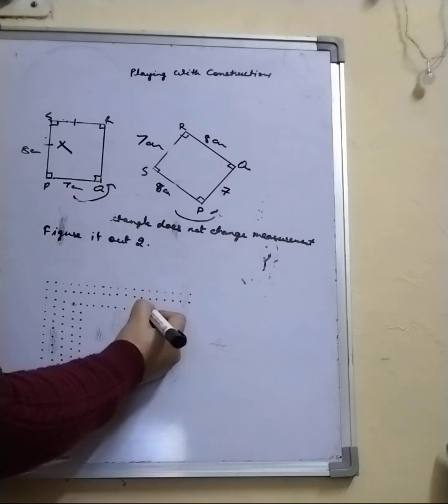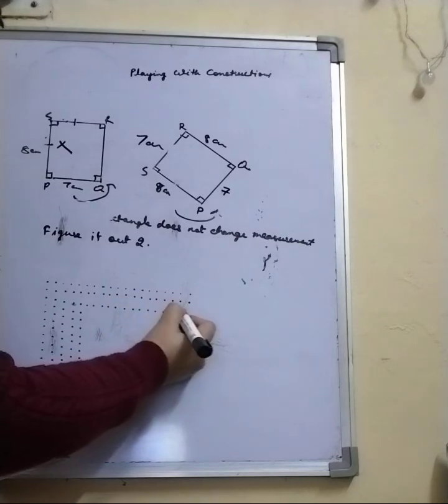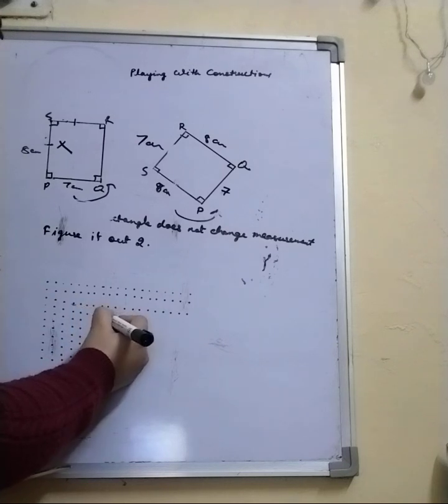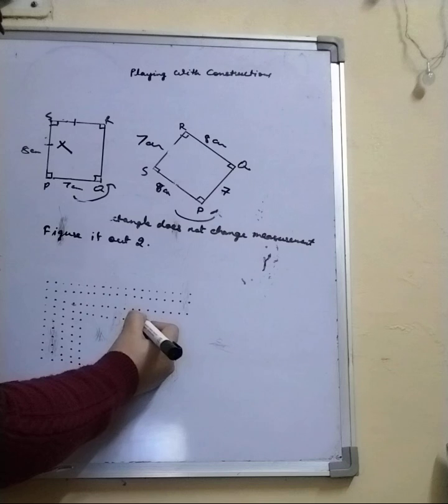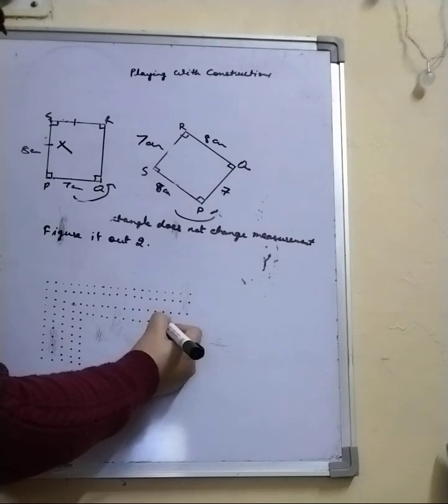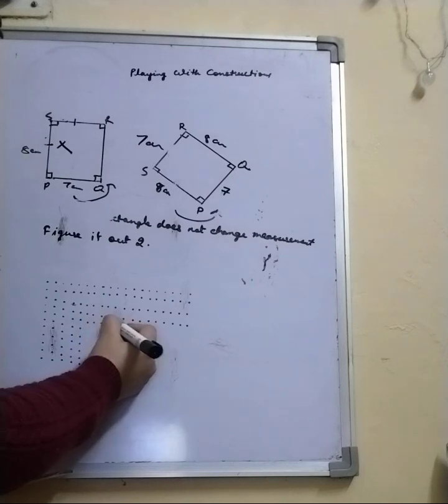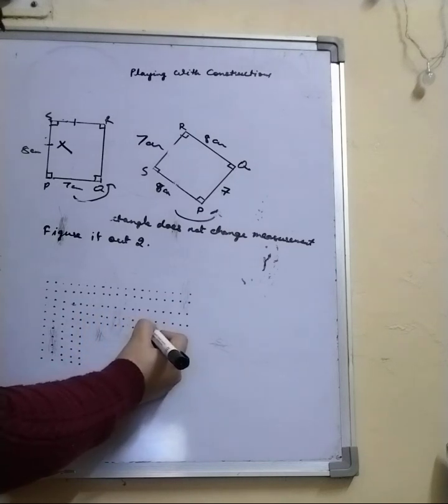So the question is how would you draw the squares which are at the corners of the rectangle? This is the question that they have asked in the first part.